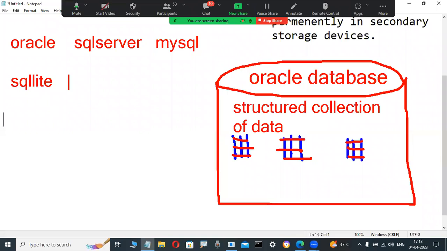Around 90% of databases nowadays are relational databases that store structured collection of data. MongoDB is another thing, which is different. That is NoSQL. Now suppose anybody has an idea about DB2 from IBM. That also stores a structured collection of data. Sybase is from another company, and it also stores structured data.